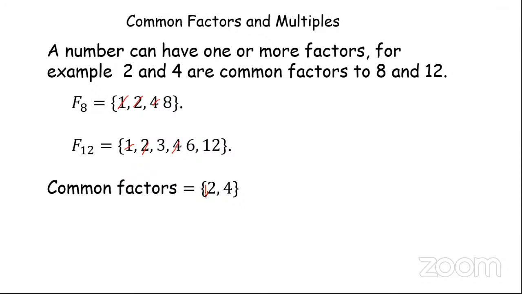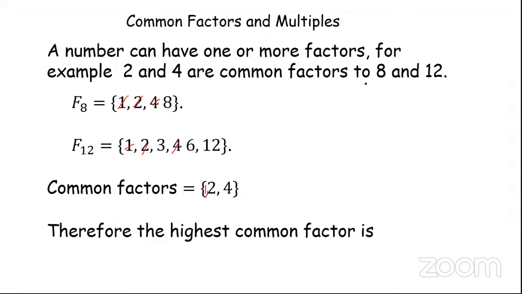But now here, remember we started by saying we want to look at the highest common factor. So what is the highest common factor here among these common factors? 4. So we can say 4 is the highest common factor. So highest common factor is that factor that is highest in the common factors.